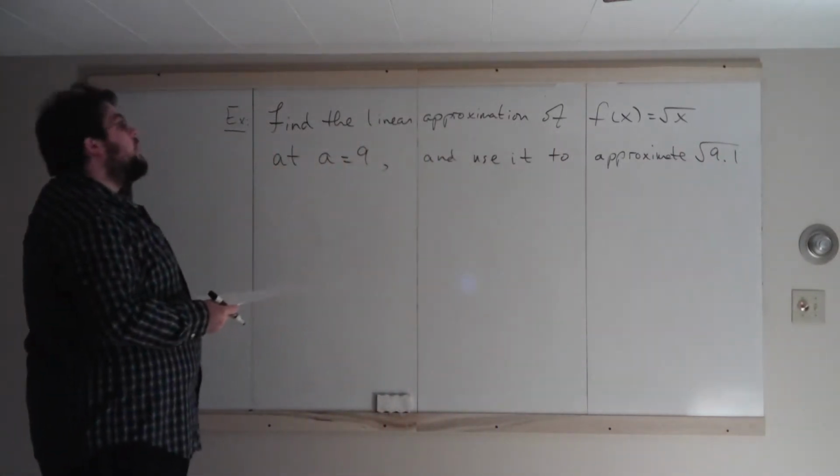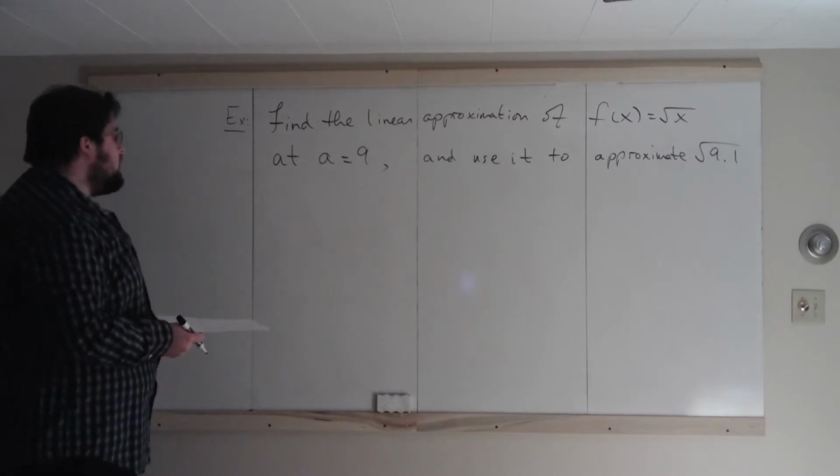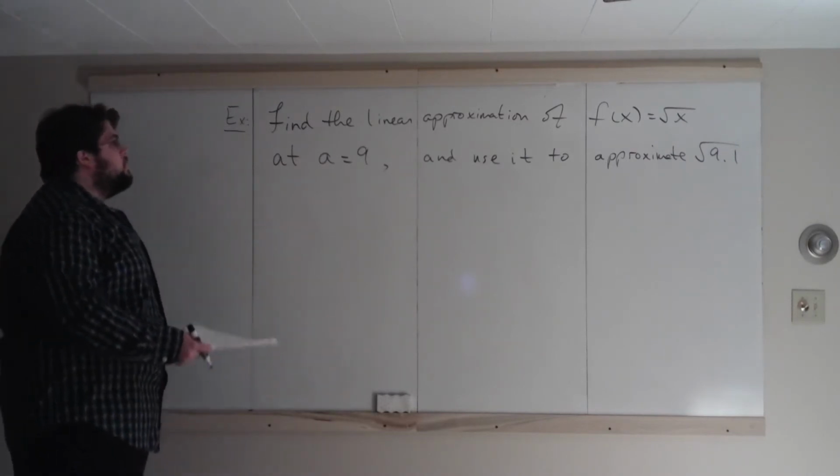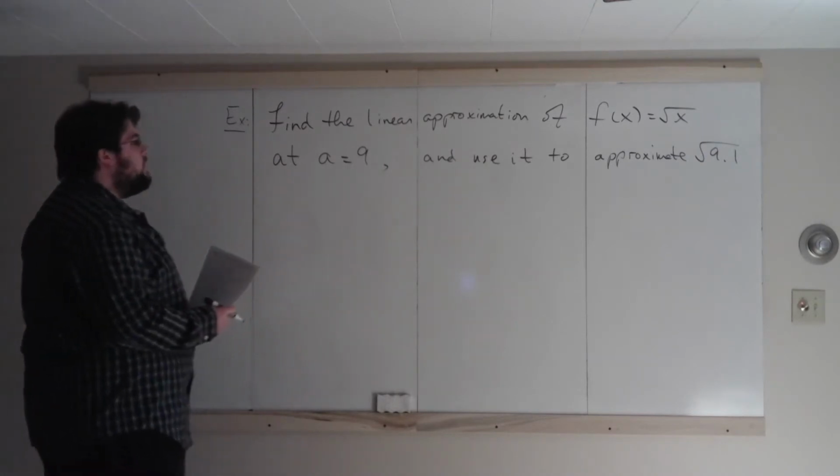So find the linear approximation of f of x is root x at a equals 9. That means find that function L of x and use it to approximate a certain value.